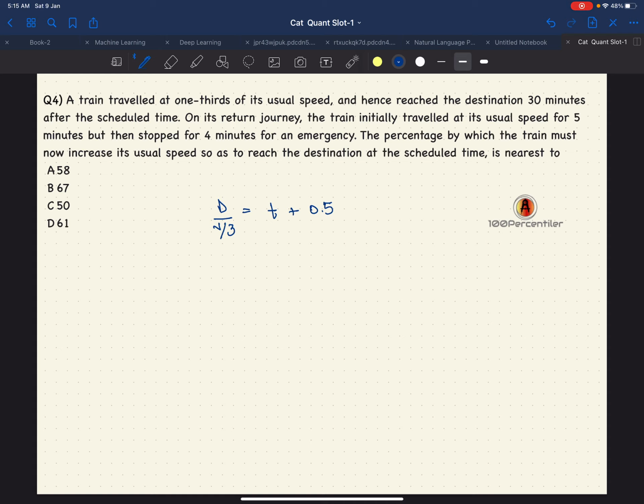So now here we know that d upon v is t. This is for the usual case. Like when it's traveling with its usual speed v, it reaches in time t. So if we solve this now, equating d upon v value from these two equations, we have 3t plus 1.5 equal to t.